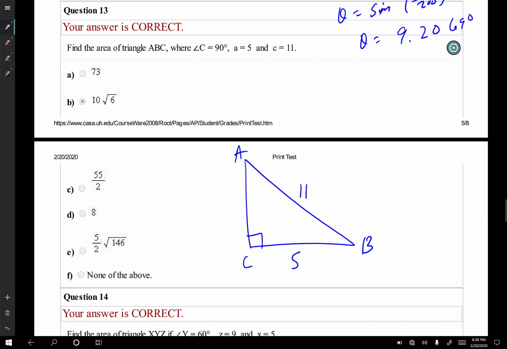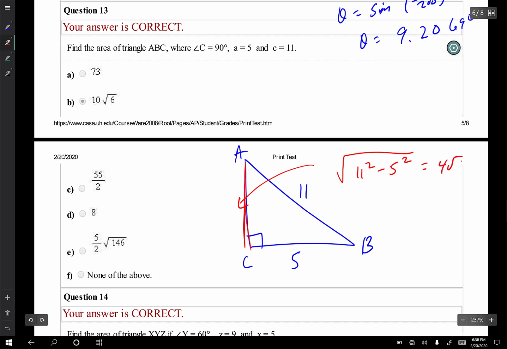If this is 90 degrees, I need this side. It's a right triangle, so that length is the square root of 11 squared minus 5 squared, and I get 4 square root of 6. So this is 4 square root of 6.